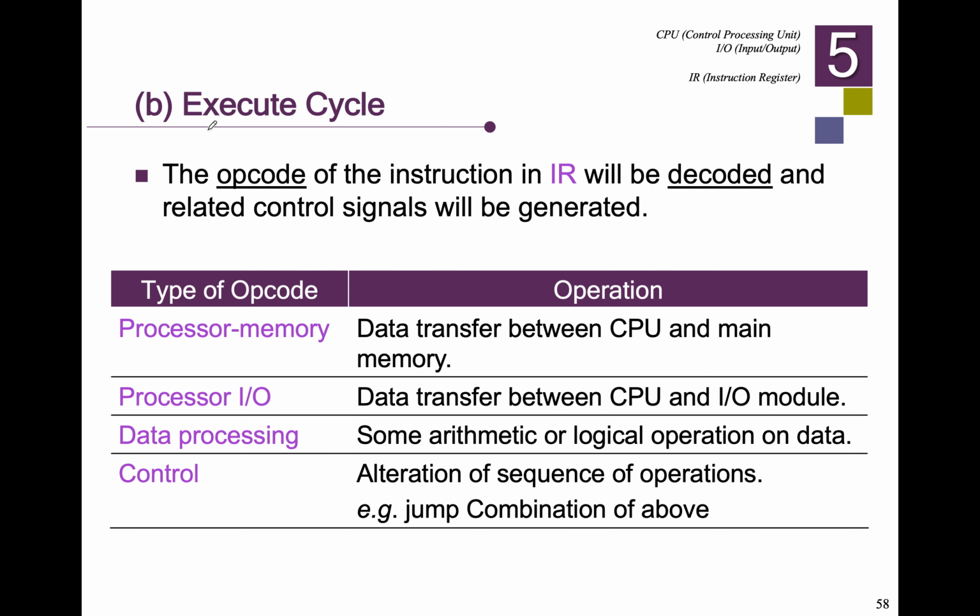And second, you have the execute cycle. The opcode of the instruction in the IR will be decoded and the related control signals will be generated. This one, the flow we already looked into, but we're going to go deeper.